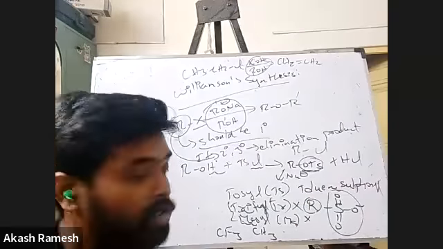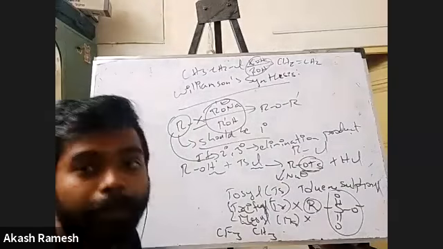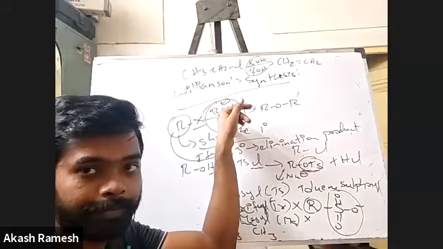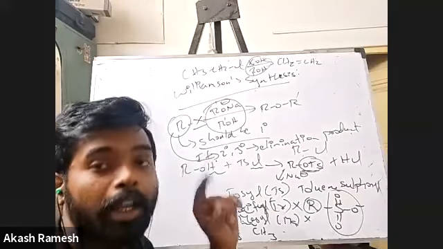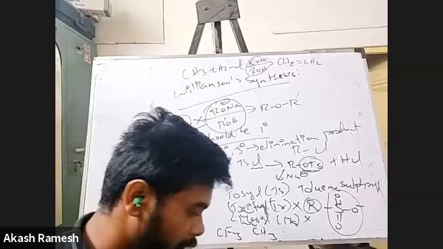The only case where I can get ethers formed is if this alkyl group R is primary. I don't care about this R group, that doesn't matter. But this R which is coming from the alkyl halide should be primary. That's the point.